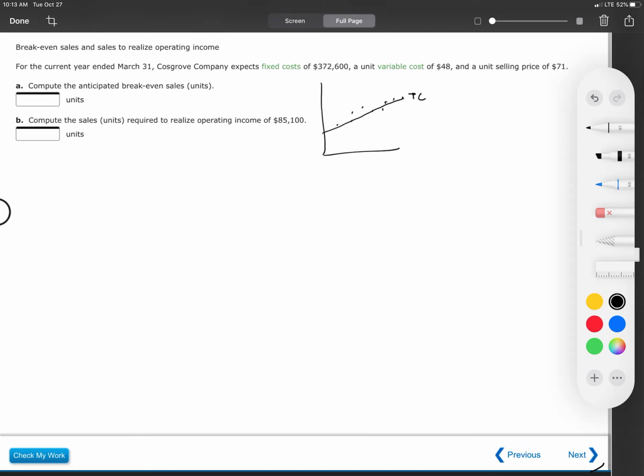They'd plot their cost data over 12 months or a few years, and then figure out the fixed and the variable components of their cost. This is the fixed component, the y-intercept, and the slope of the line is the variable cost. So fixed cost and variable cost. Total cost is fixed cost plus variable cost.